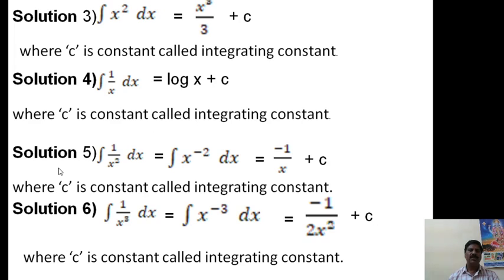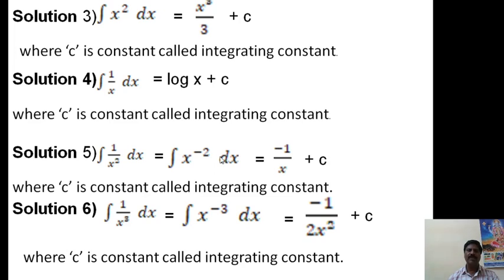Then the solution for problem 5. The integration of 1 divided by x square dx is equal to the integration of x to the power of minus 2 dx, taking the denominator value up as the numerator. Then that is x to the power of minus 2 plus 1 divided by minus 2 plus 1.